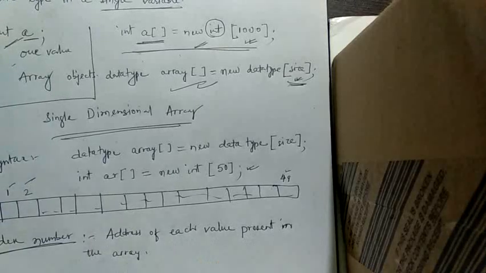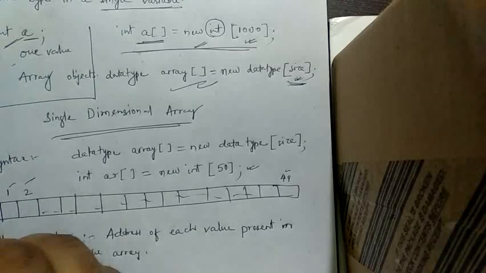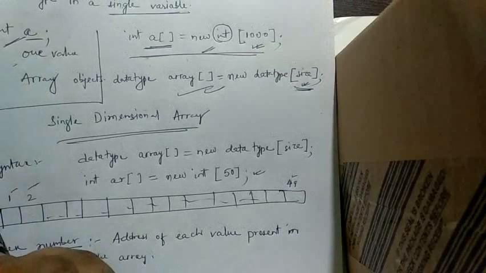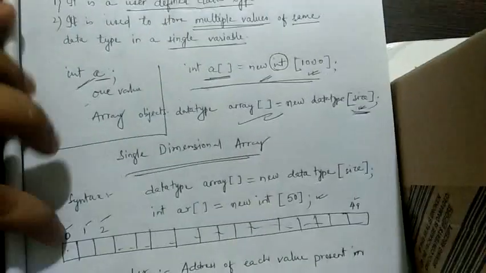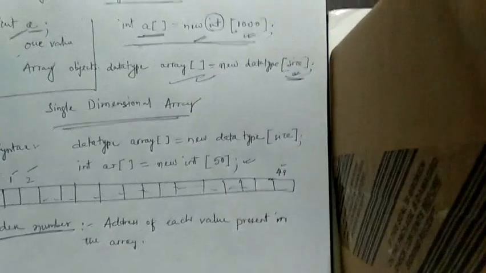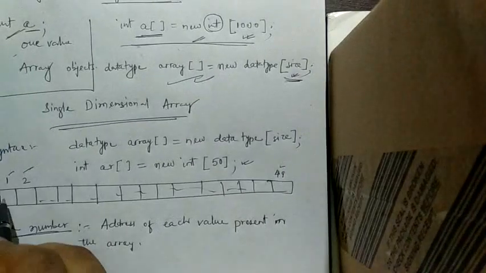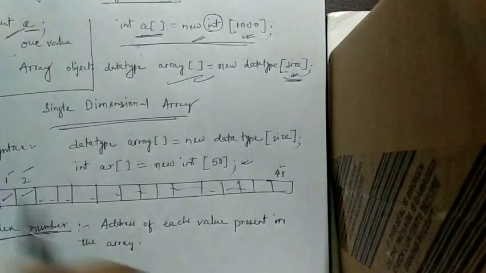Suppose you want to show the first value that is present in the array, that is stored in the index number 0 over here, you can see that. Similarly the second value you can go through the index number 1, then 2 and so on.